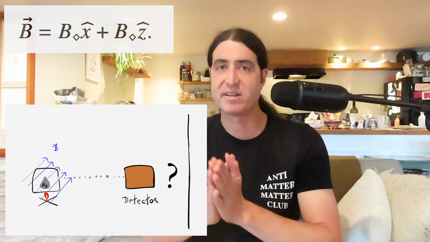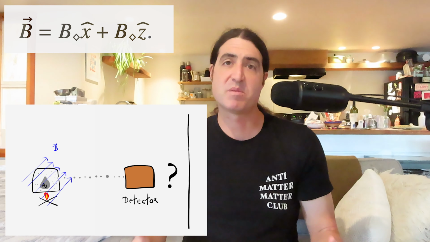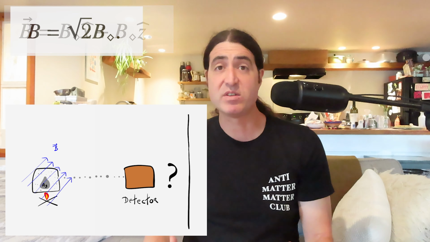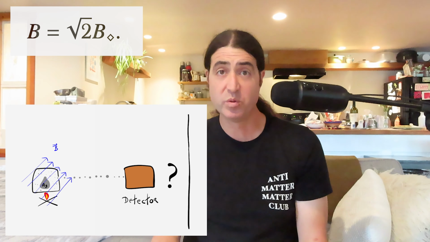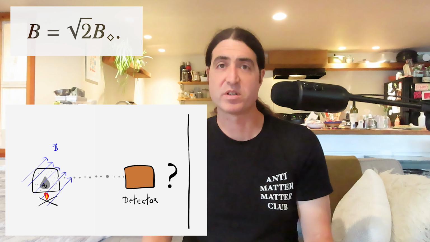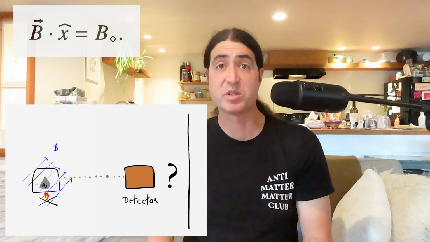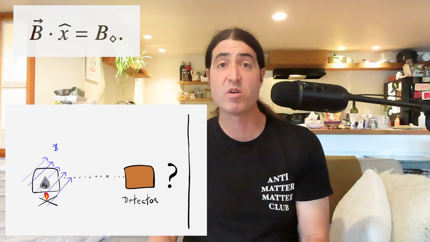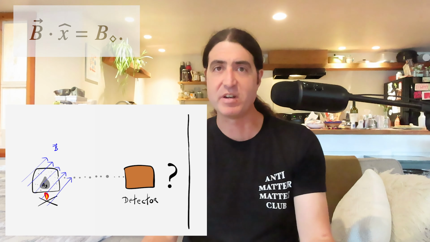In other words, that it's diagonally even between the x and z directions. So since the magnitude of the magnetic field is B, that means that those individual components of the magnetic field are going to be B over the square root of 2, so that the magnitude of the vector is, of course, once again, B. And so what that means is that the cosine of the angle between our magnetic field and the detector is going to be equal to 1 over the square root of 2, which tells us that theta is equal to 45 degrees.